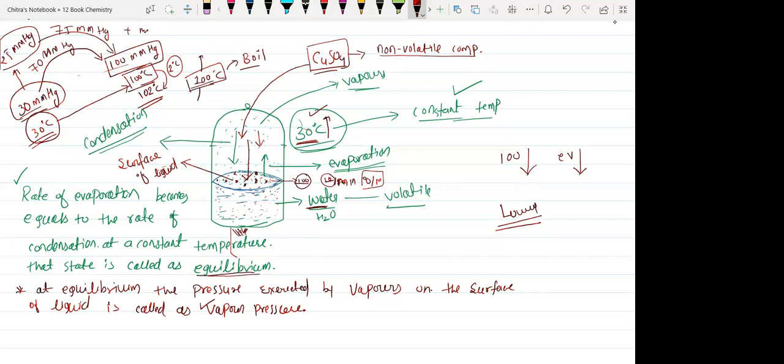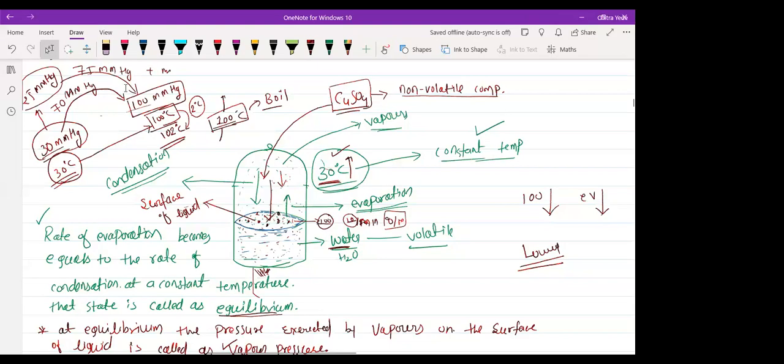I got disconnected suddenly. Okay. Now any doubt here, beta? Why the boiling point gets elevated or increases? Understood that?